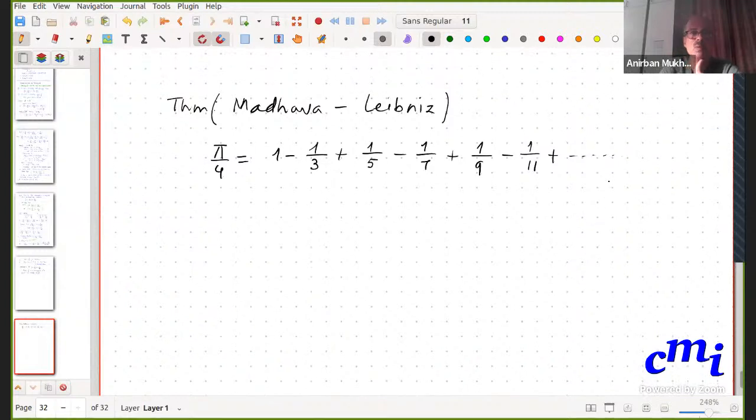Proof is very easy. Probably not at the time of Madhava. At the time of Madhava, it was probably very difficult, which is 14th century. So Madhava is from the 14th century.